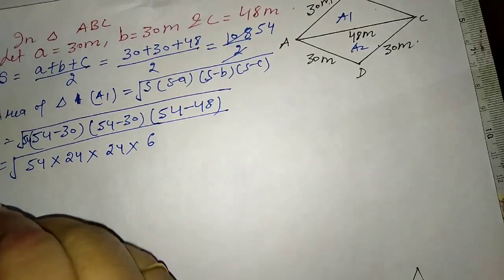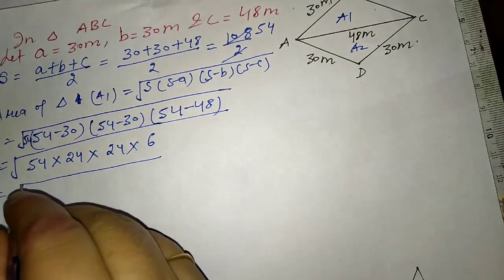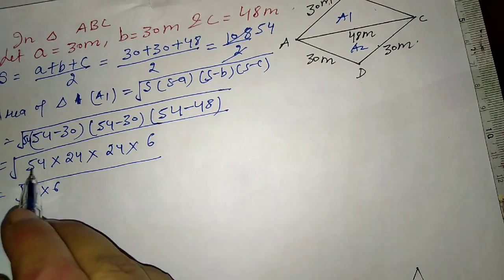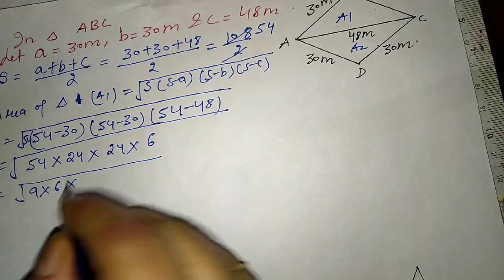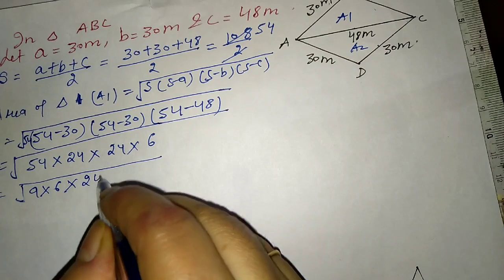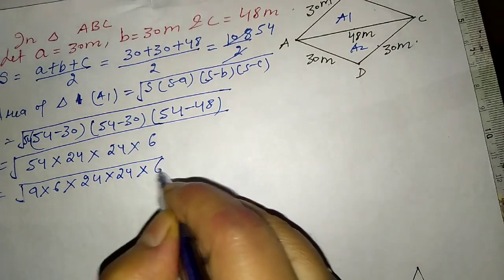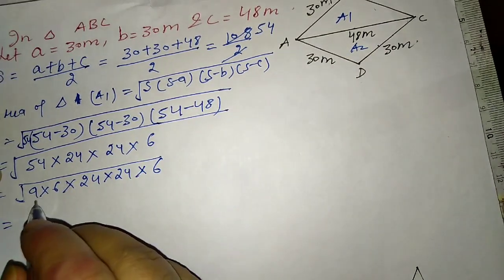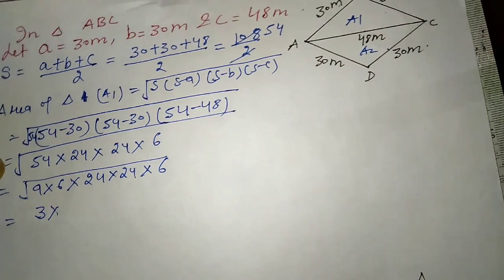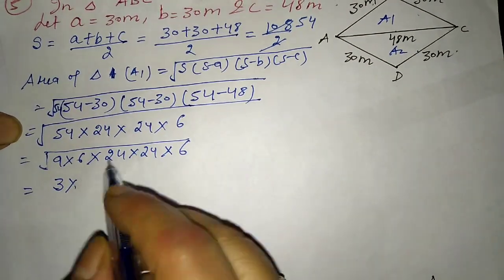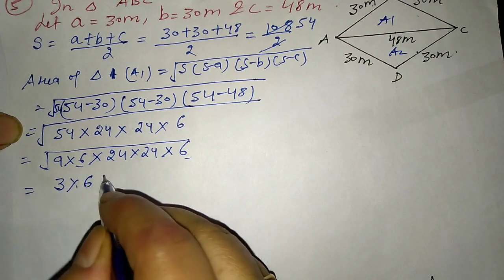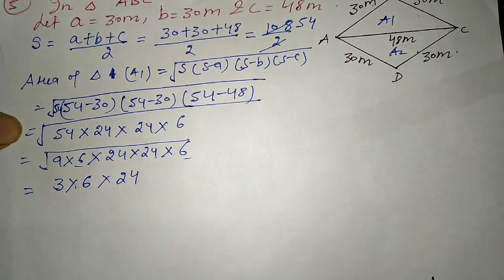Here we can write 54 as 9 into 6. Multiply 24 into 24 into 6. So 9 can be written as 3, and 6 is in pair, and 24.